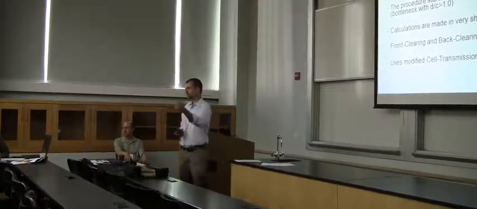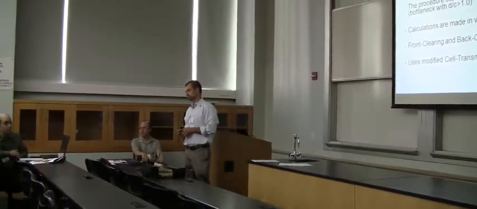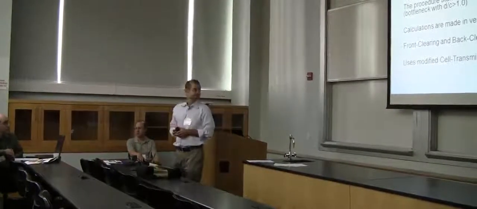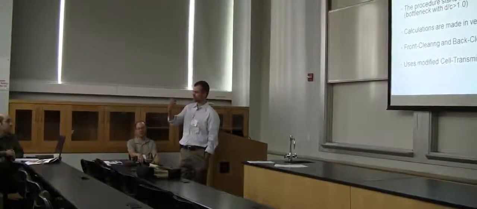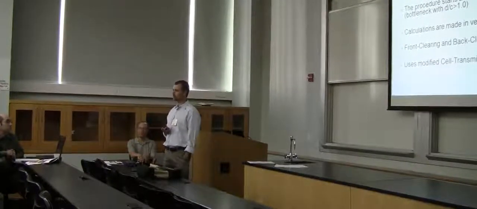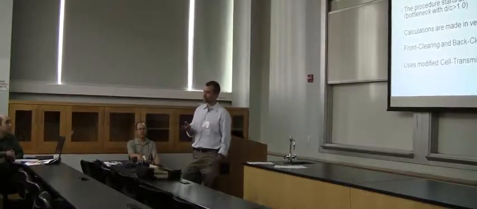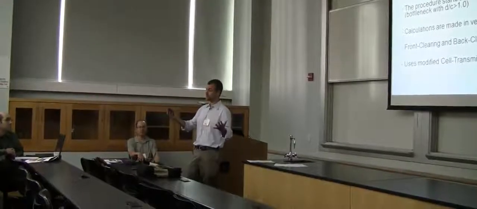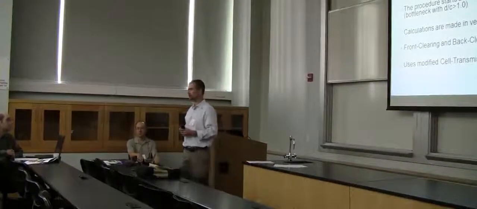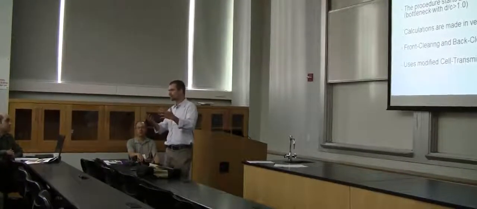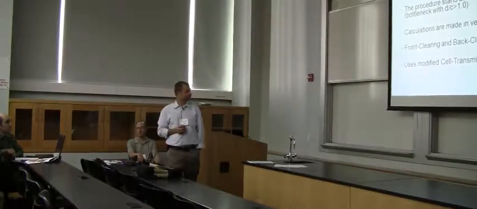D over C greater than 1 across all lanes. It could be the two right lanes. However, it will not be invoked if it's just the on-ramp, and that's the discussion we had at the webinar, that if it's only the on-ramp that's oversaturated, but the main line itself is undersaturated, then you just have really long queues on the ramp, but you don't have any mainline queuing. That's debatable whether that's true, but that's the way it's currently implemented.